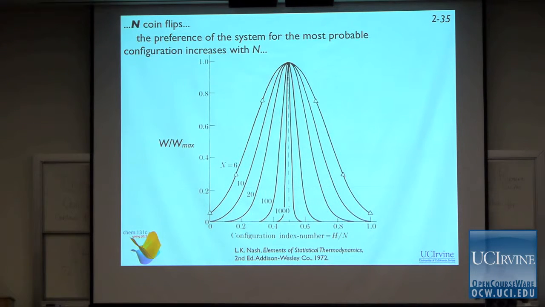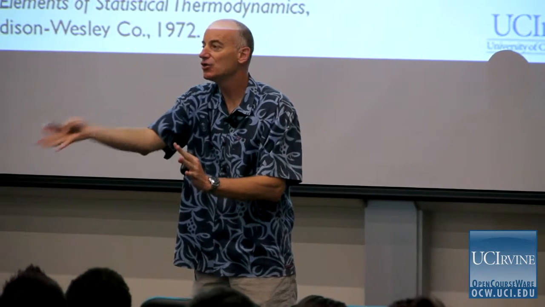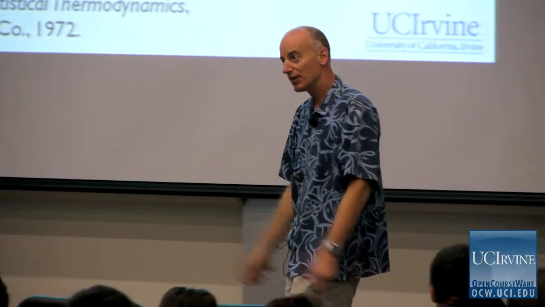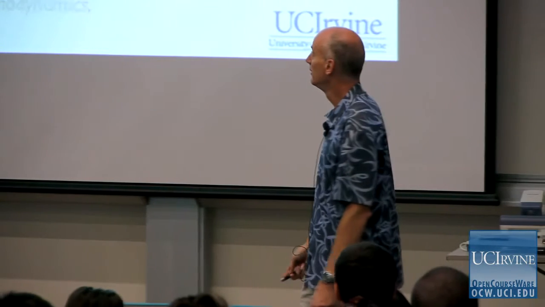We only have to understand one or a small ensemble of them. All the properties of these other systems are going to be so rare that they're not going to contribute to the behavior that we observe in chemistry from macroscopic amounts of stuff. Imagine if that's 10 to the 23rd and not 1,000.